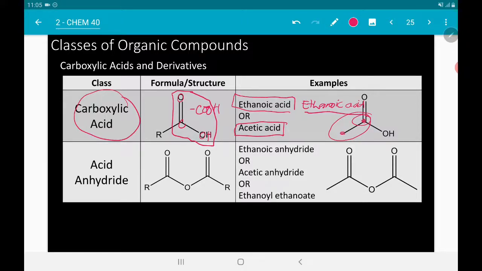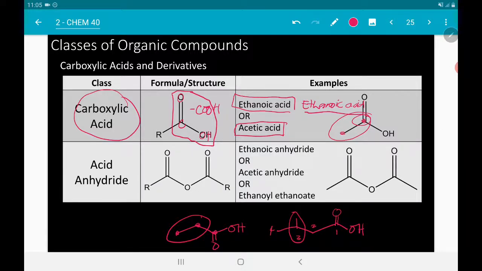Okay? So other examples, you can call this a propanoic acid, because it has 3 carbons. Kung may substituent siya, for example, methyl. Okay? So this one is 1, 2, 3, 4.